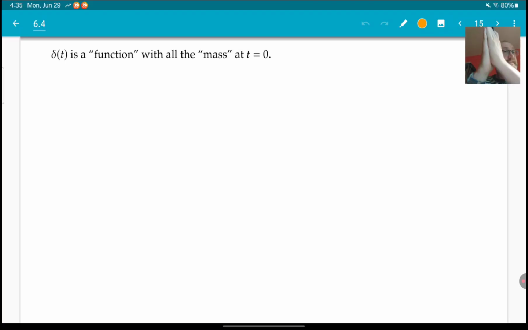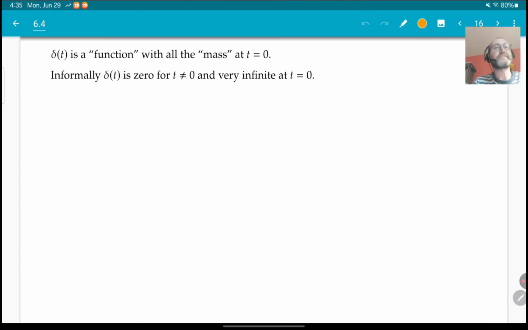It's sort of an infinitely thin rectangle, a rectangle of width 0 and really, really tall so that its area is 1. It doesn't make sense, and that's why there is no function that does this.